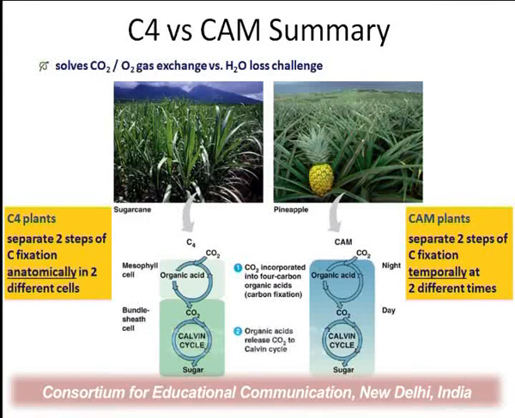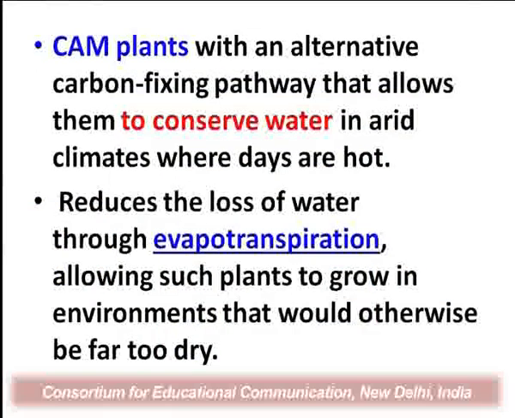So that means this is the basic difference between the temporal CAM cycle and the C4 cycle, which is just spatial. Have we satisfied ourselves with the question of how and why in the first place, or what was the compulsion which led to such an engineering in nature of the CAM plants?